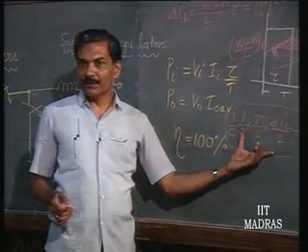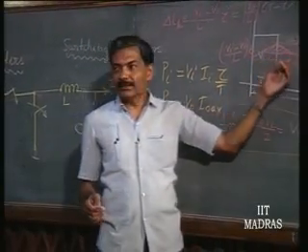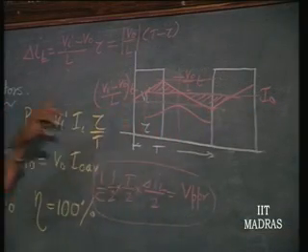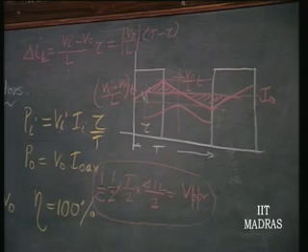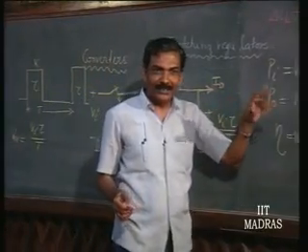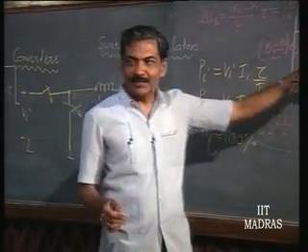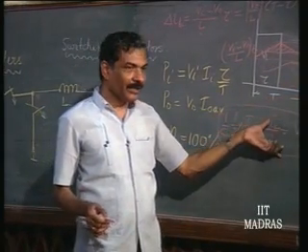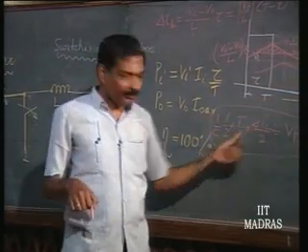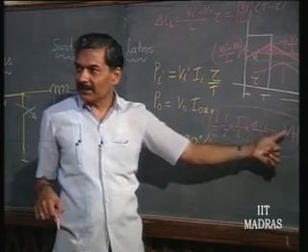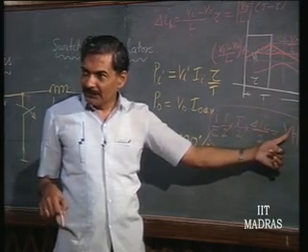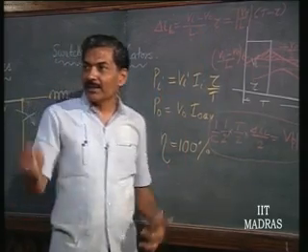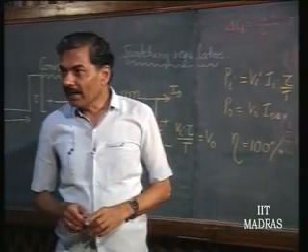Why do I say approximation? Because strictly speaking this is not triangular, because I have assumed output voltage to be constant. But now I am proving that output voltage has a ripple of a very small extent. So, this peak to peak ripple you will make very small purposely by using this value of the capacitor here. And if you do that and select the L properly, then all your analysis is perfectly valid.